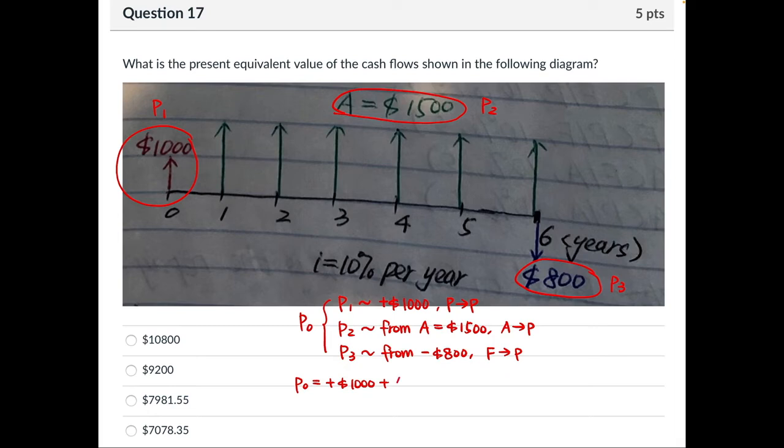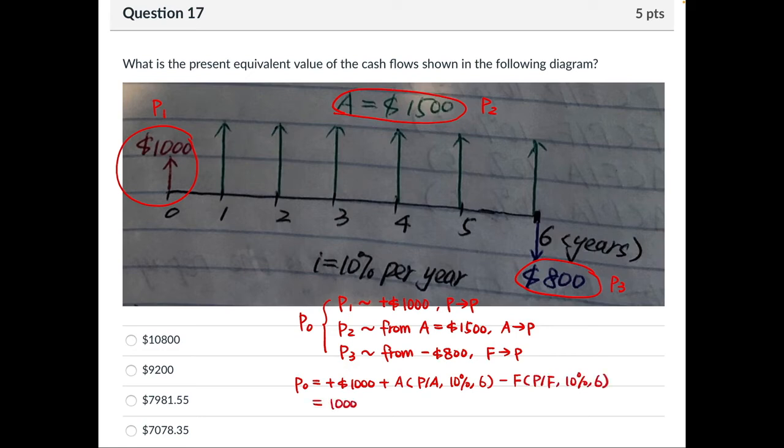So the formula is gonna be A times P slash A, 10%, number of years, 6. And then you need to have a negative cash flow at the end of the 6th year. That's your part 3. It's to convert the future cash flow to the present worth. So the formula is F times P slash F, 10%, 6.